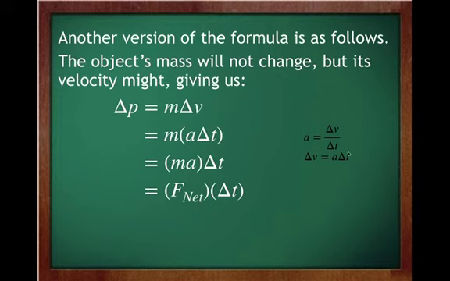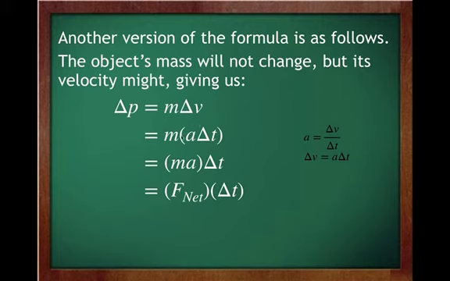Remembering the relationship between acceleration, velocity, and time we have over here, acceleration is equal to the change in velocity over the change in time. Rearrange that equation to get delta v by itself: you just multiply both sides by delta t, and you get that delta v is acceleration times delta t. So we can substitute acceleration times delta t instead of delta v.